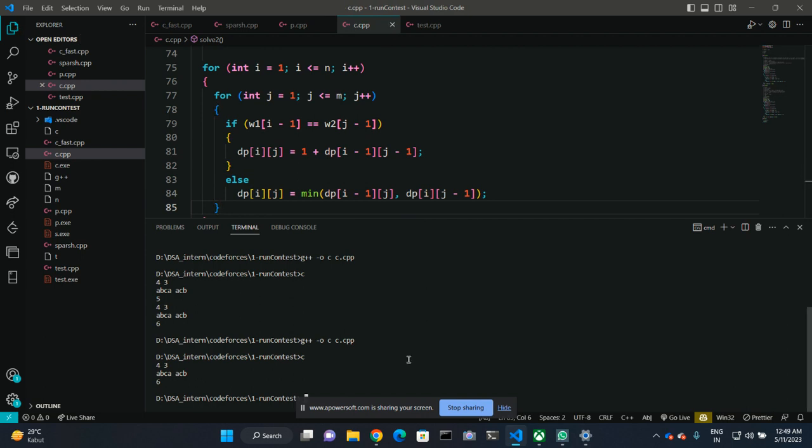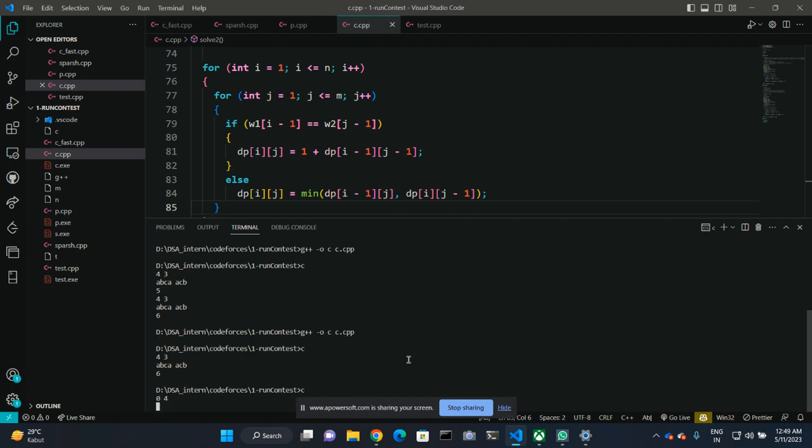Should be base cases like 0, 4. Check. How should I name this one?